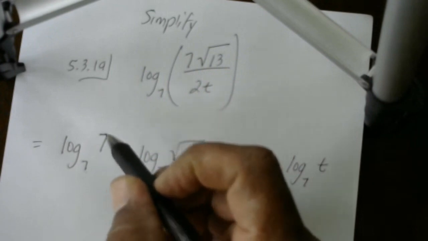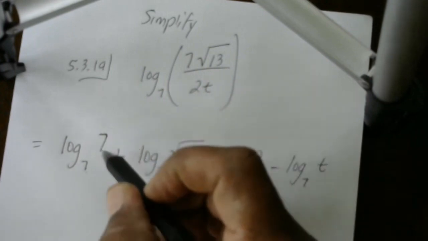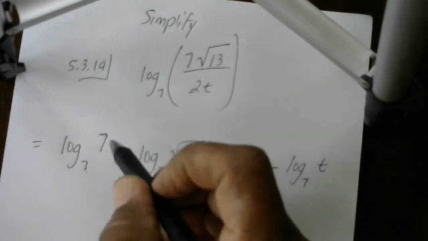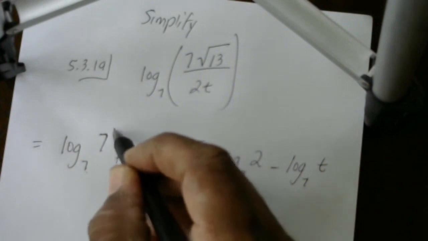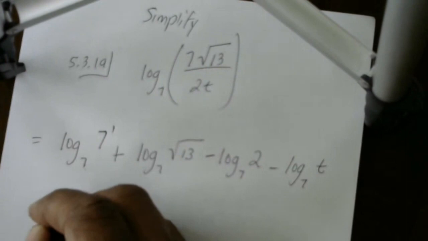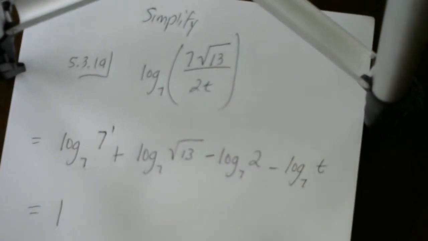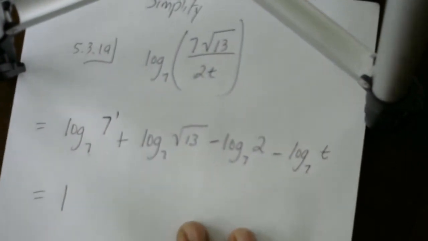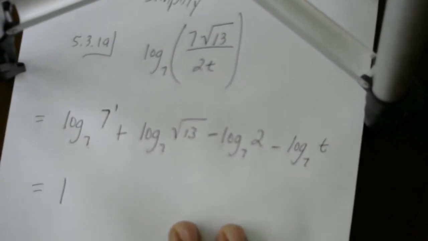The base of my exponent is also 7. So this 7 can be written out as 7 to the first power. So this first term should actually equal 1. Okay, and that's by the identity property.